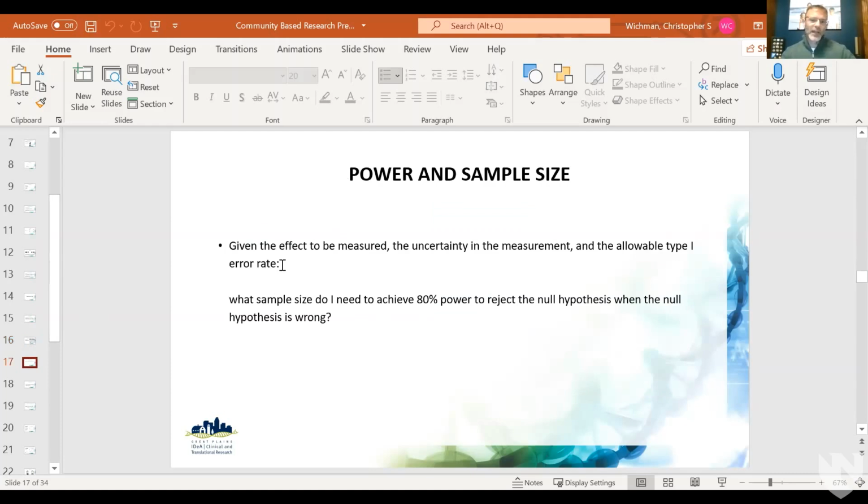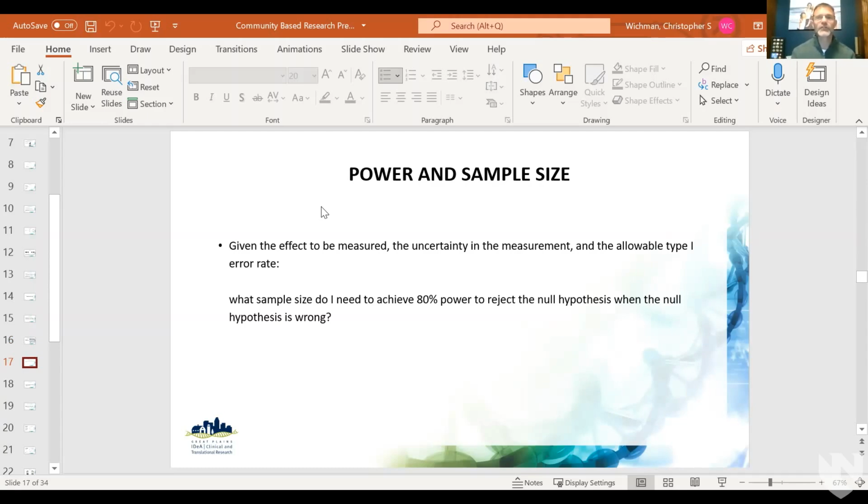So if I have the effect to be measured, and often this comes from literature review, personal experience, preliminary studies, or focus groups where you get subject matter experts together and they talk about what they have seen, or what they feel they have seen, and put everything together. Then we have to capture the uncertainty of the measurement itself.